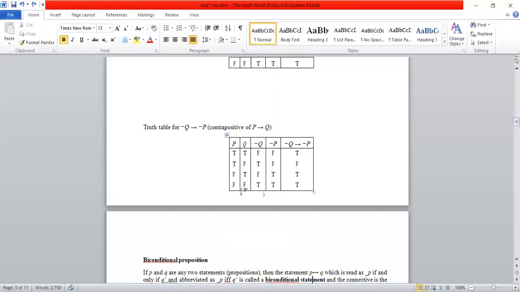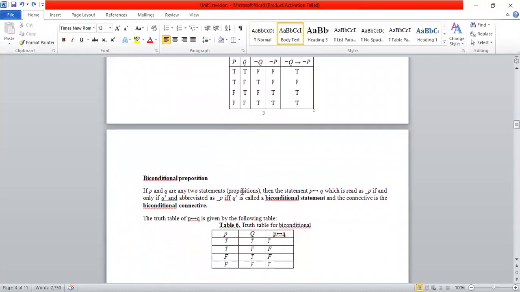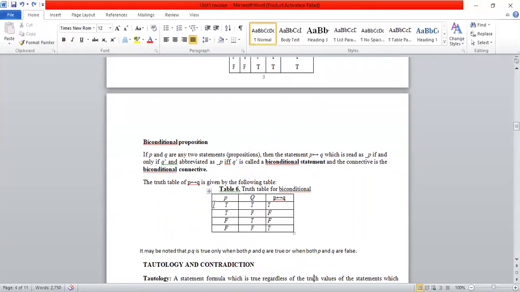Next, coming to the last connective. As I said, there are 5 connectives: negation, conjunction, disjunction, conditional proposition, and biconditional proposition. Till now we discussed negation, conjunction, disjunction, and conditional proposition. Biconditional proposition is the last connective.